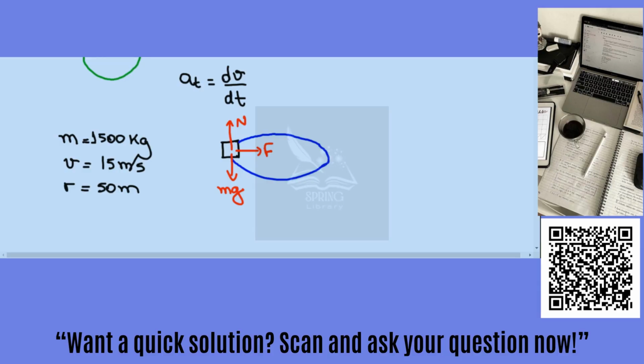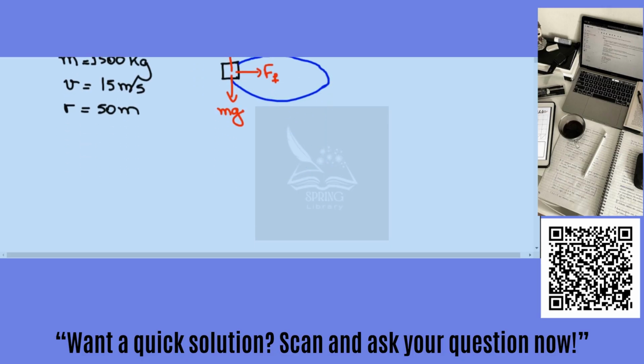Because the car is not changing its speed, then there is only a centripetal acceleration. So the friction force must match the centripetal force. Okay, so the friction force is the centripetal force, and it's equal to the mass times v squared divided by r.